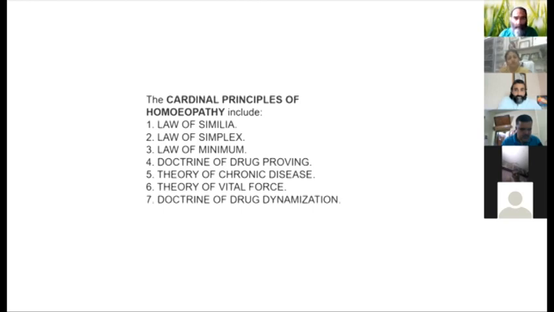Once it was stopped, all the symptoms were removed because it was an artificial disease. That was recorded in everybody's book and then matched, and a very accurate materia medica was produced. Whenever the key symptoms of those proved medicines are seen in some sick individual, minimum doses of these proved remedies cure the patient.